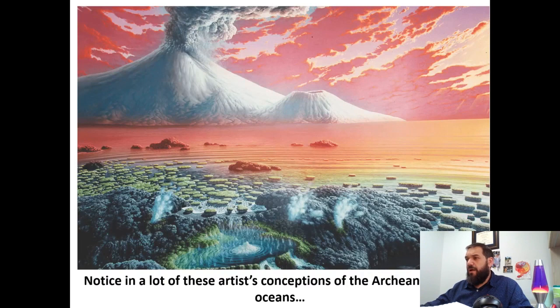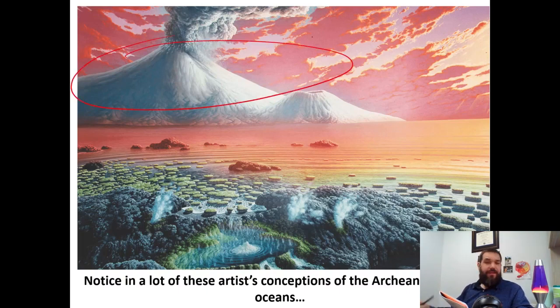All right, so notice that in these artist conceptions, the Archean, there are always oceans. So why do we think there were oceans? There's a lot of evidence for oceans in the Archean. So many things. What's one thing? Actually, right here you see all the answers to the questions in your lecture assignment, right? We see that there are subduction zones.